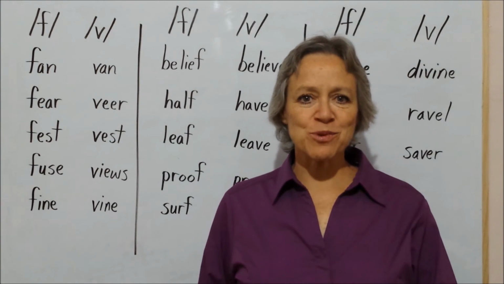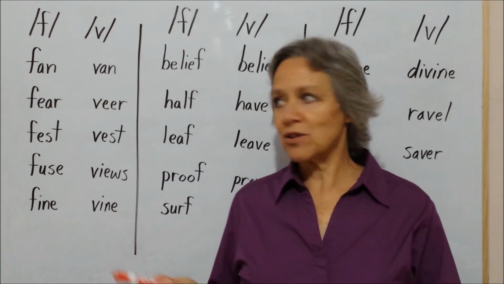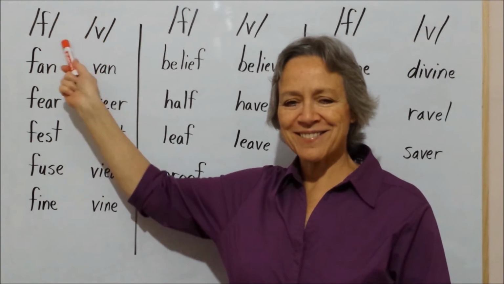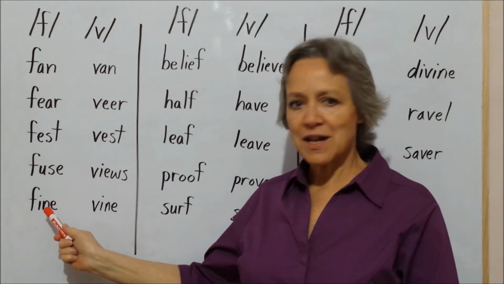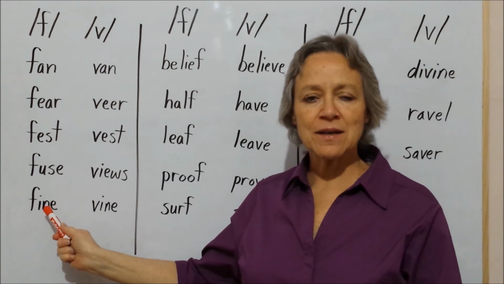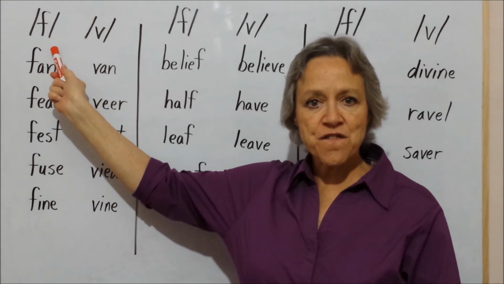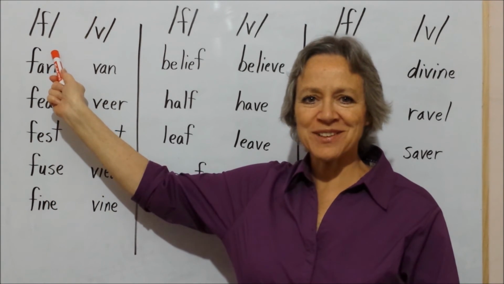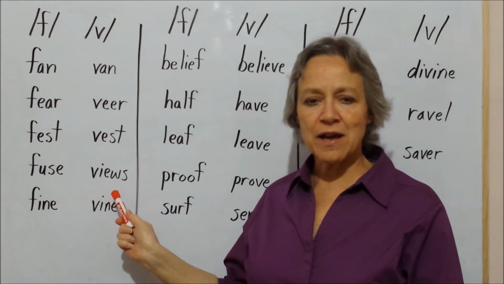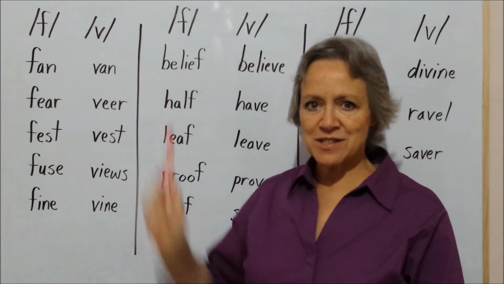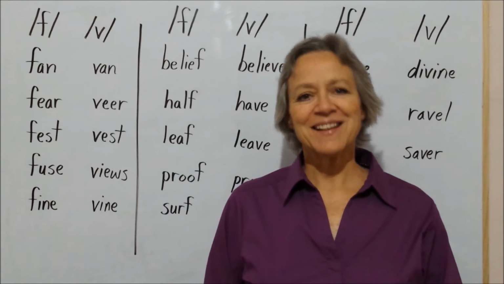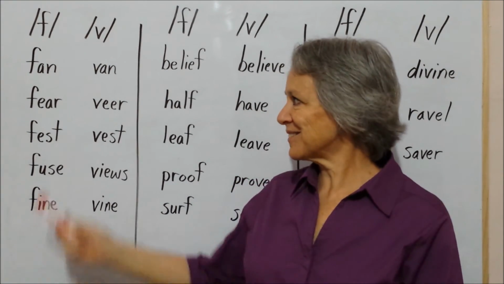Please practice saying these words with me, and please be sure to distinguish between these two sounds, okay? In this column, I have words which begin with the sound F, the voiceless sound. In this column, I have words which begin with V, the voiced sound, okay? Let's practice.